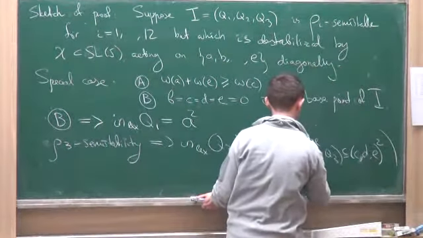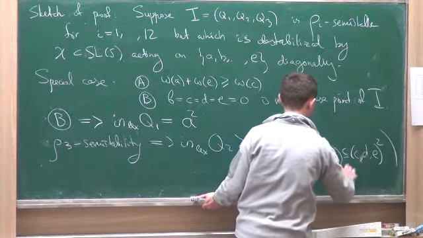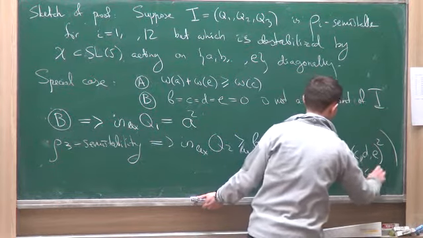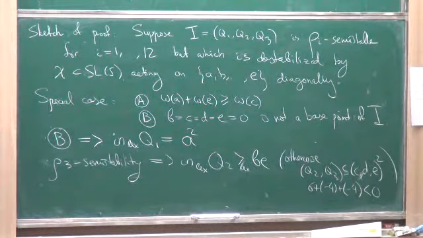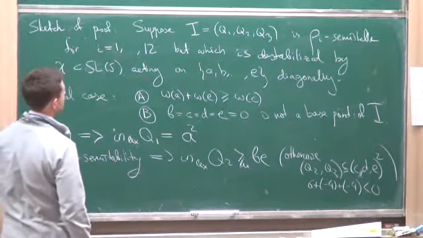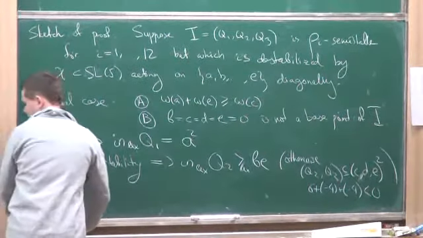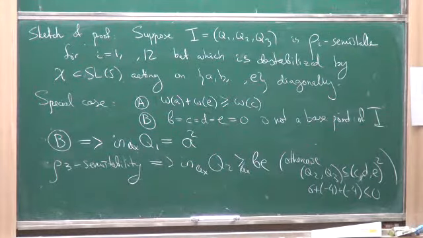Six plus -4 plus -4 is negative, and this contradicts rho 3 semi-stability. And finally, I need one more. Let me go back here.